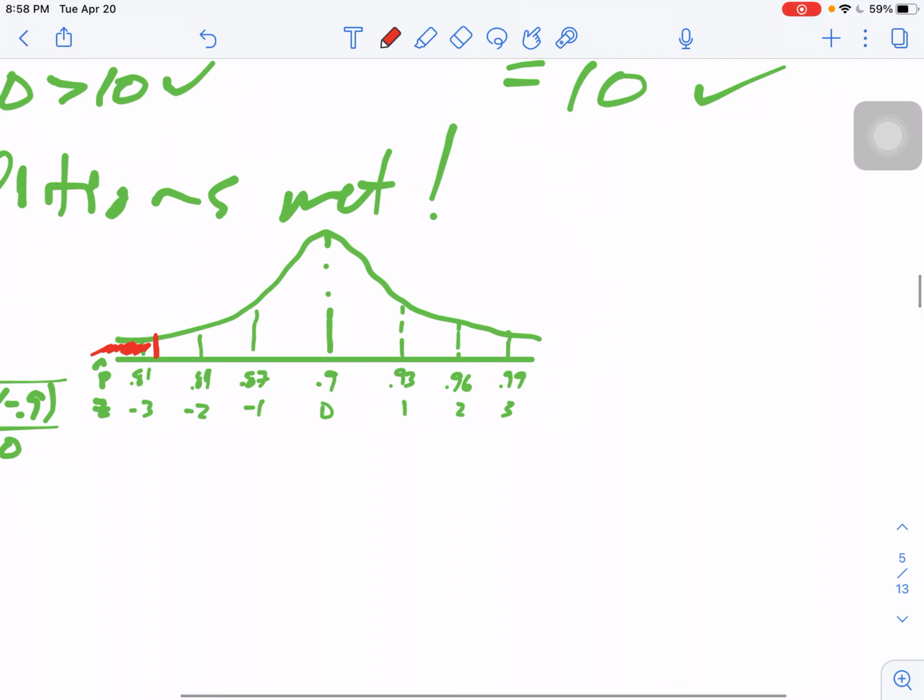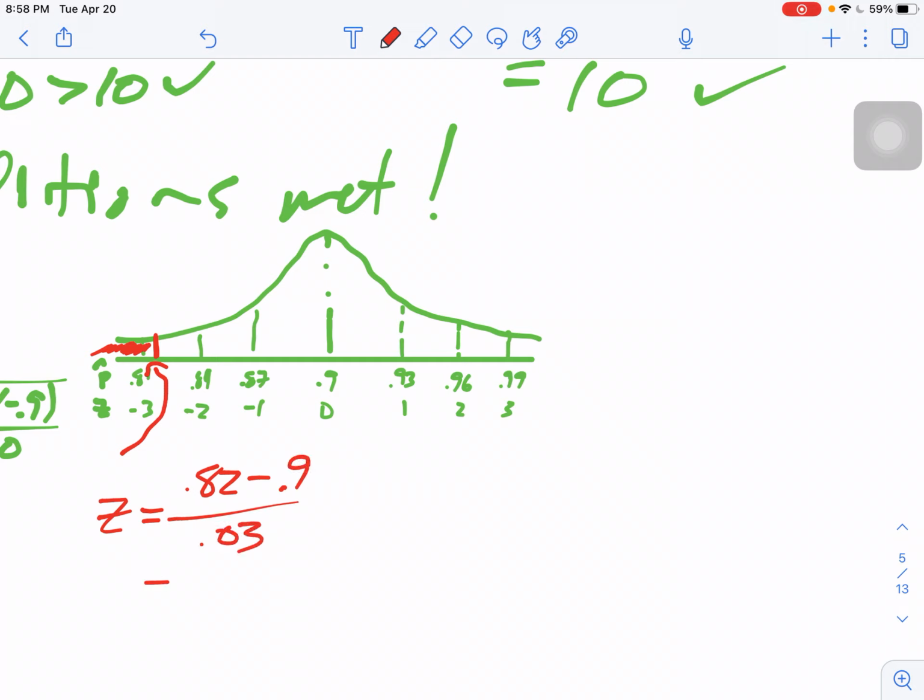So then what I have to do is figure out what the z-score is for this value. So I'm going to go ahead and find my test statistic here. So it's 0.82 minus 0.9 over 0.03. And that has a z-score of negative 2.667. So again, now since it's a two-tailed test, I'm also going to shade the tail that's symmetric on this distribution.